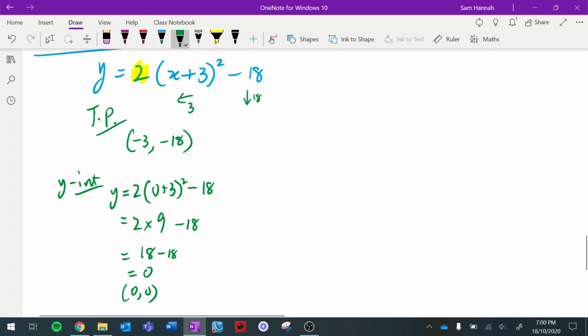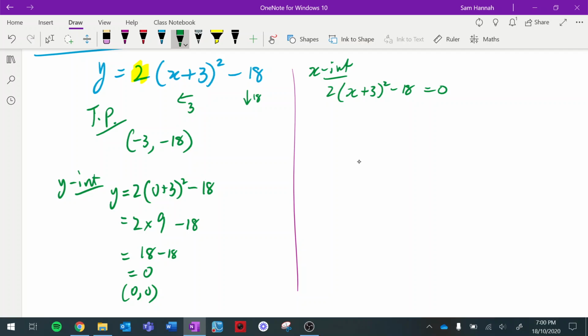Okay, next, perhaps the hardest part of this is to find the x-intercepts. Now the x-intercepts happen when y is 0, so we have the equation 2 times (x plus 3) squared minus 18 equals 0. First we'll add 18 to both sides. Now we'll divide both sides by 2, giving us 9.